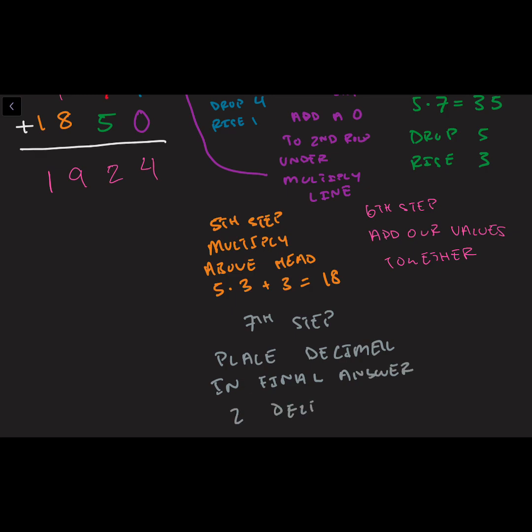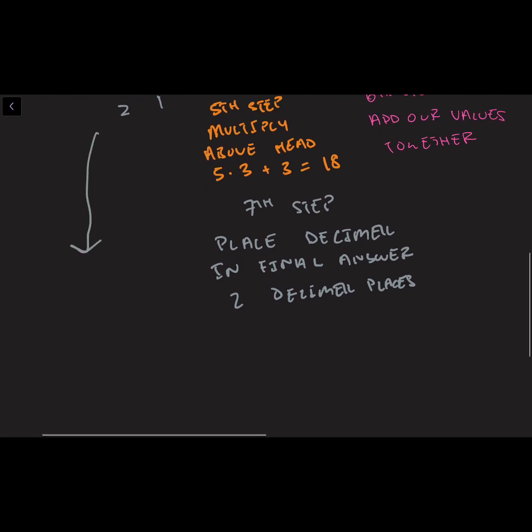Two decimal places. So we got two decimal places. Our decimal starts right here. Jump over one, two. So our decimal ends up right here. One, two. So doing this, bring that down.